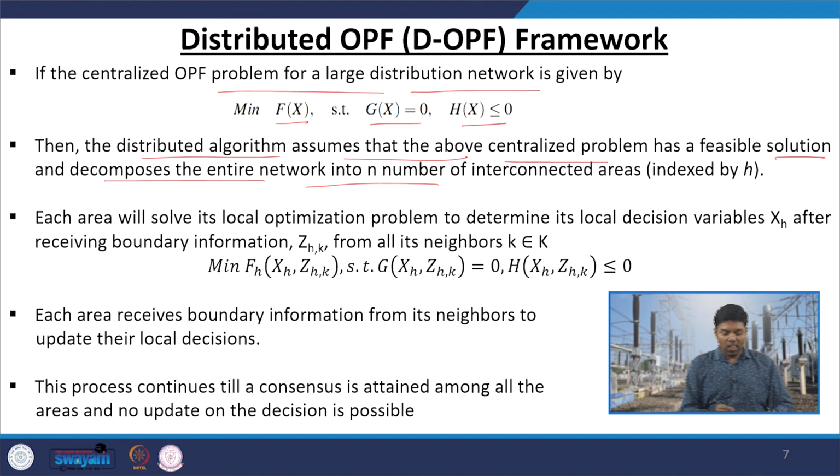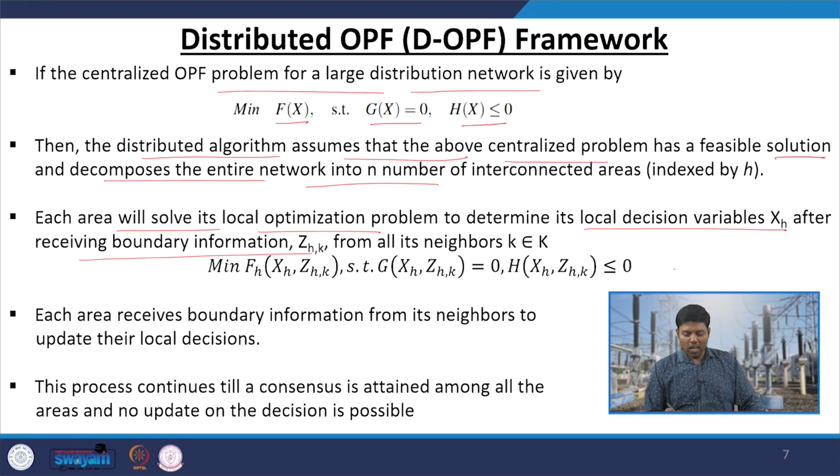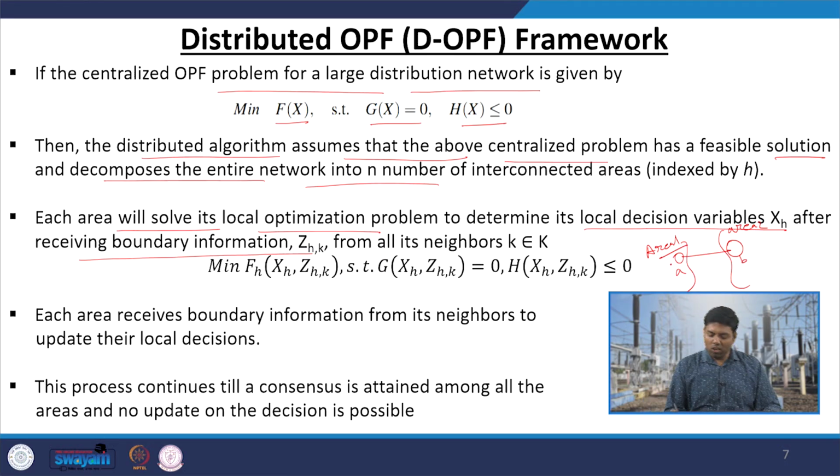Then each area will solve the local optimization problem to determine its local decision variable x_h after receiving boundary information z_h. If you have a bus A in area 1 and a bus B in area 2 and they are connected together, you cannot solve the voltage and power value if you do not know the value of V_B.